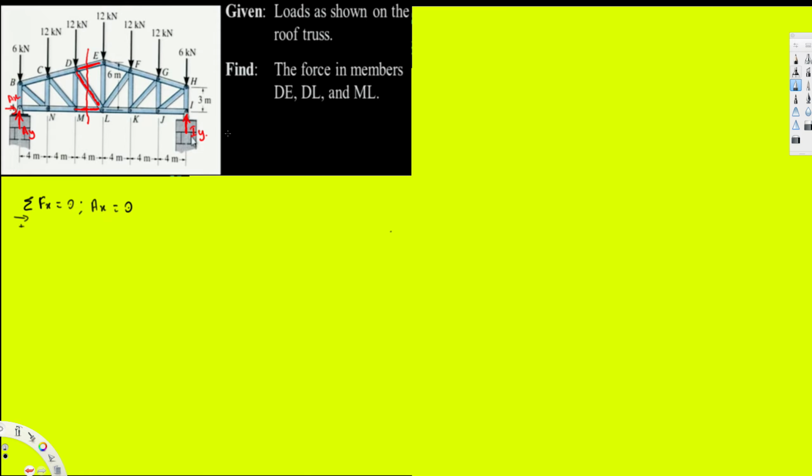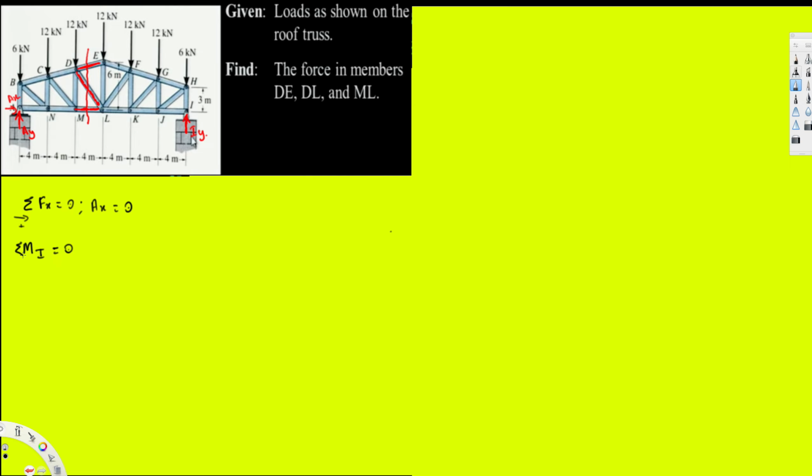What we have to do is find AY in order to solve this. If we find AY, everything becomes easier. To find AY, I can take the moment around IY. Moment around IY will be eliminated, so we don't have to worry about IY, and it's equal to 0 in statics.